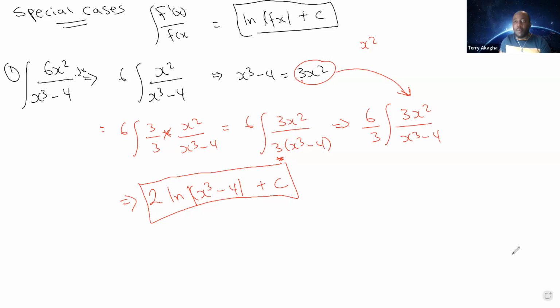Let me pick another example, so maybe it will make more sense. Let's say we're integrating x minus 3 divided by x squared minus 6x plus 2. When you differentiate x squared minus 6x plus 2, it gives you 2x minus 6.